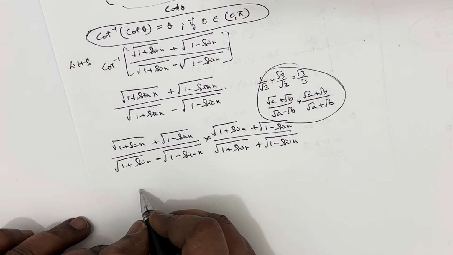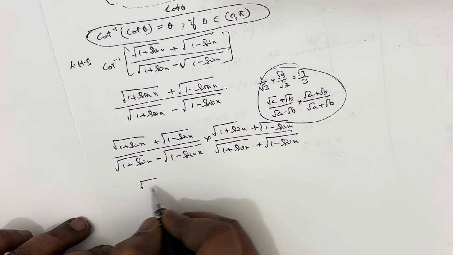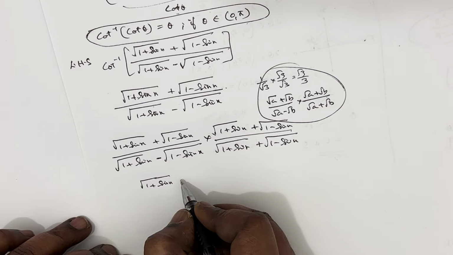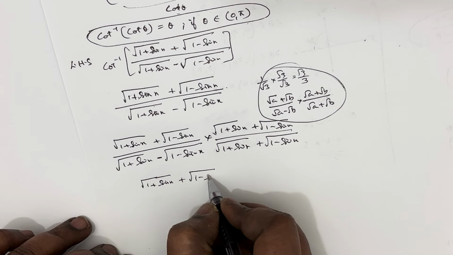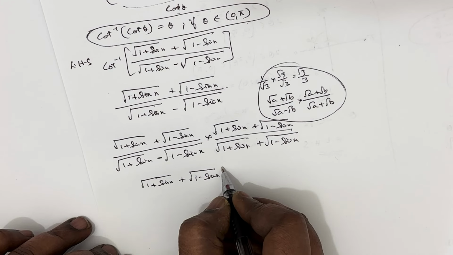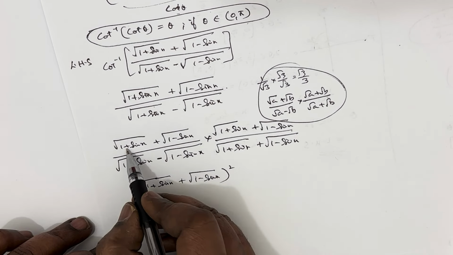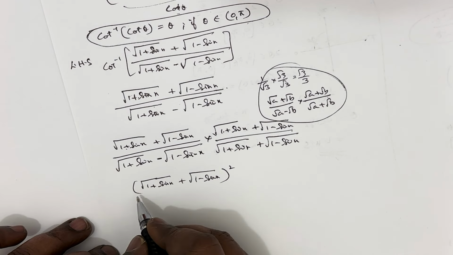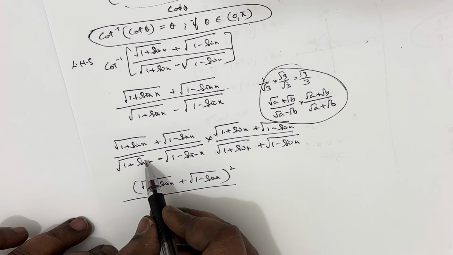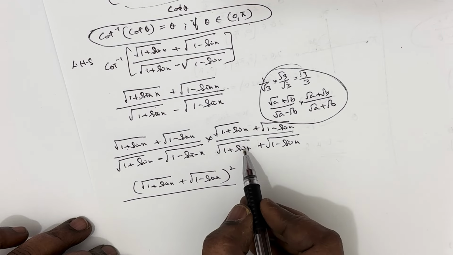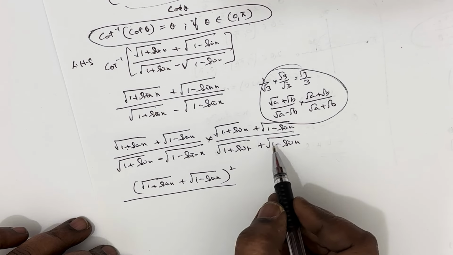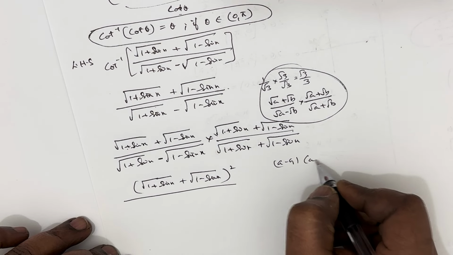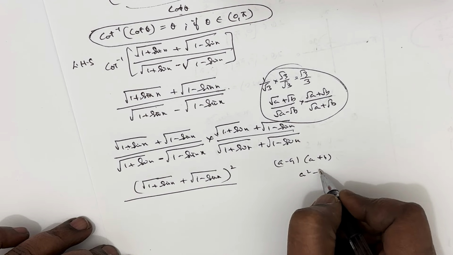So you can write this as root 1 plus sine x plus root 1 minus sine x whole square, divided by, now this is in the form a minus b multiplied by a plus b, which is a square minus b square.